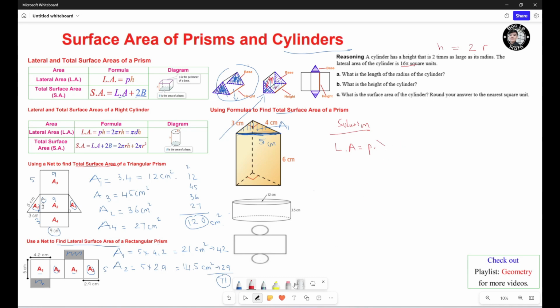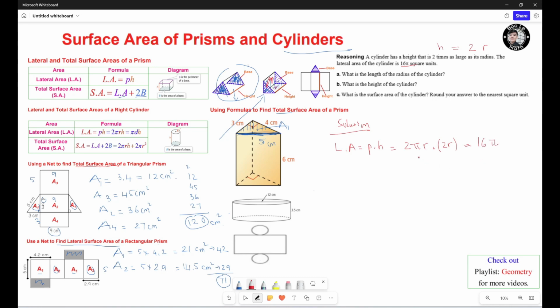The perimeter means circumference, so it's going to be 2 pi r times height. But height equals 2r, so I just put 2r instead of h. Now the lateral surface area equals 16 pi, so I let this equal 16 pi.